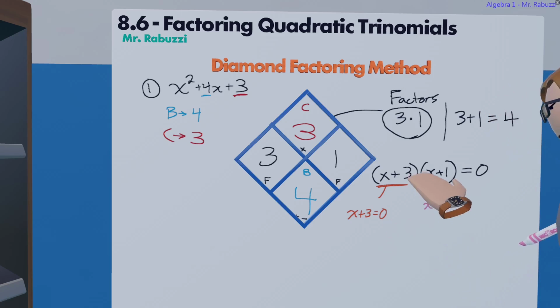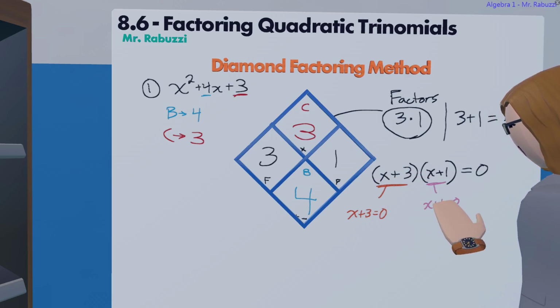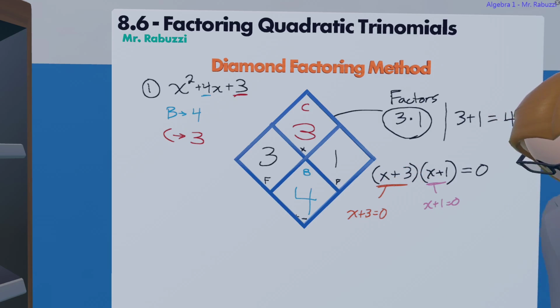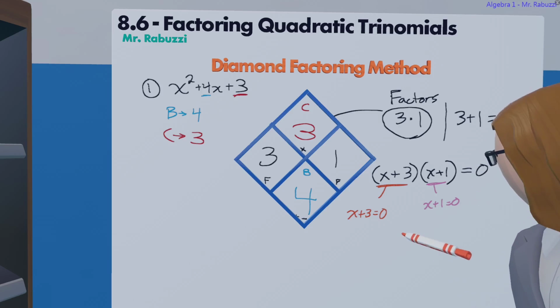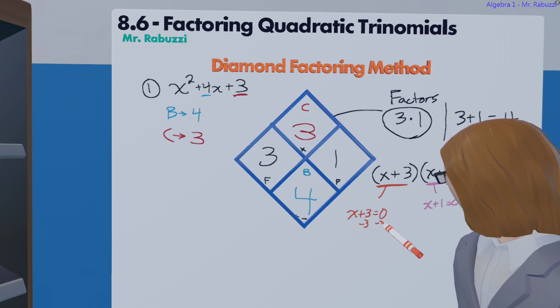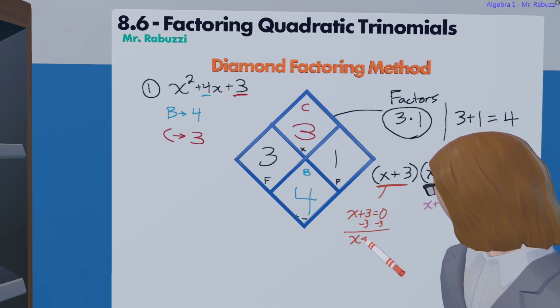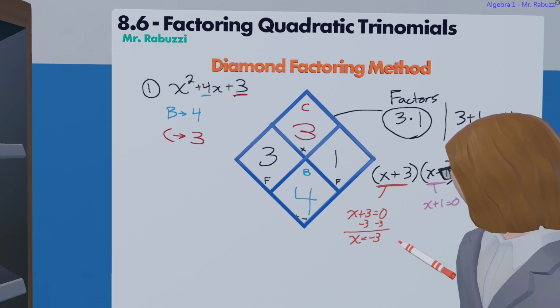So we make each factor, each parentheses, equal 0 by itself. And now we can solve them. So on this side we do minus 3, and we get x equals -3.